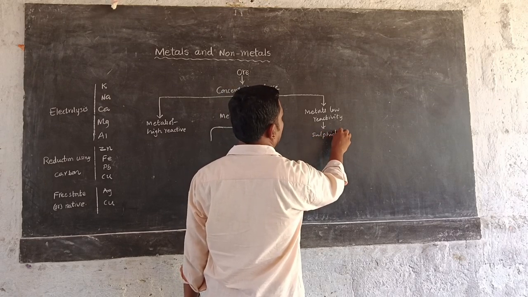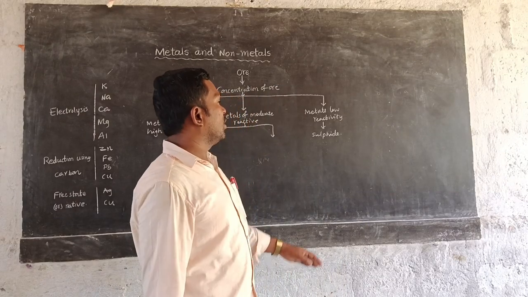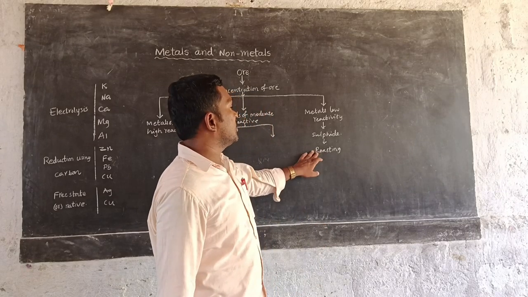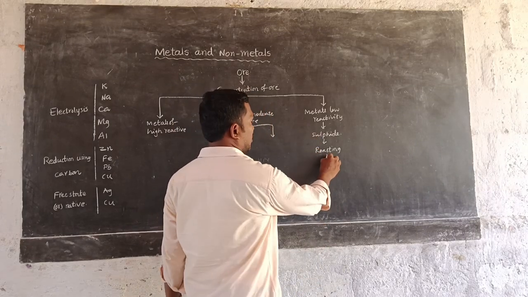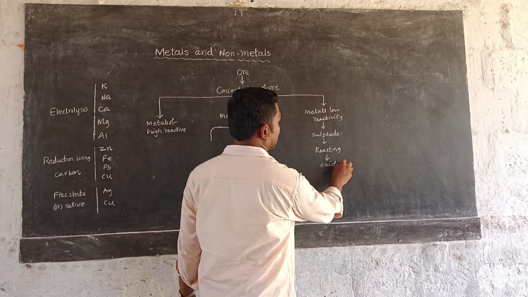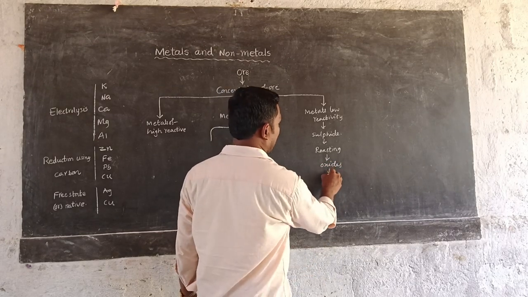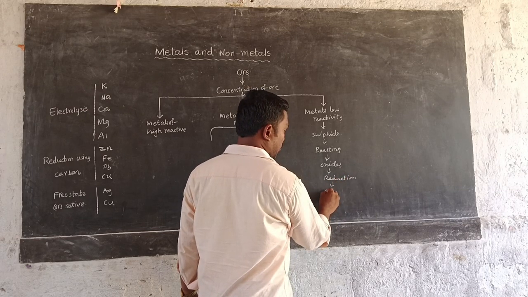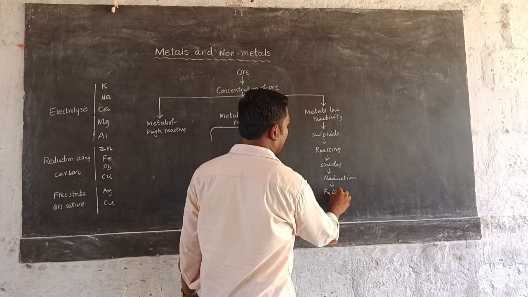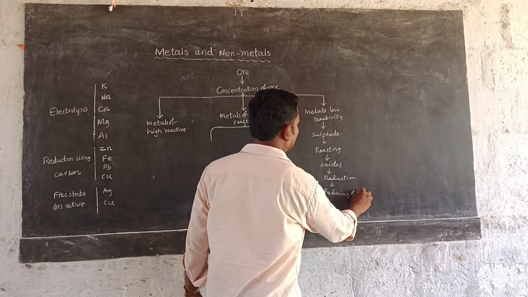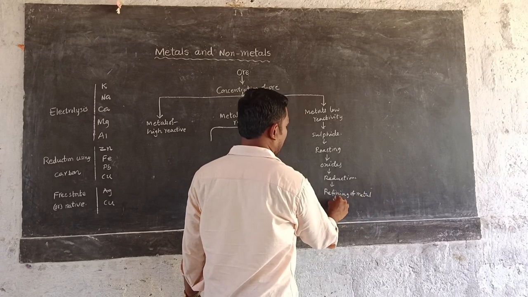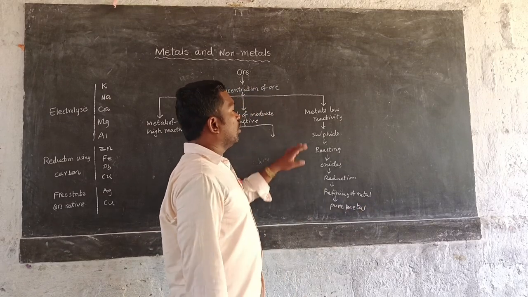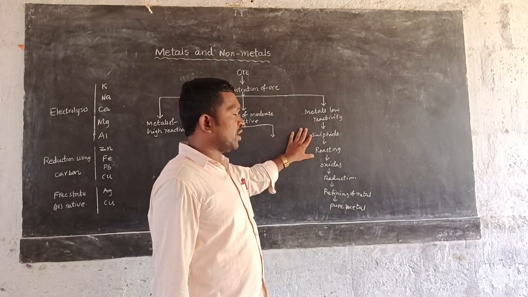We apply the roasting process on sulfide metals, then convert to oxides. After that, the reduction process is applied. Next, refining of metal to purify. Last, pure metal is obtained.